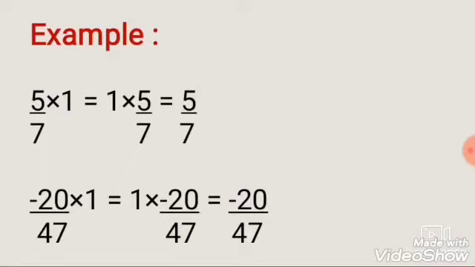So 5 by 7 into 1 is equal to 1 into 5 by 7, which is equal to 5 by 7. Similarly, in the second example, I have taken the rational number as minus 20 divided by 47. So minus 20 divided by 47 into 1 is equal to 1 into minus 20 divided by 47, which is equal to minus 20 by 47.